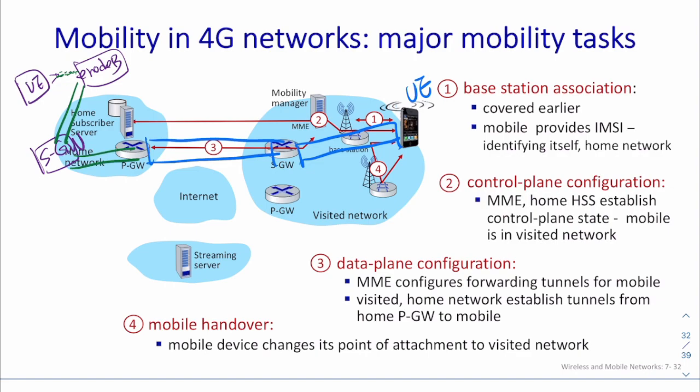And of course, you can still do handover at the visit network. The mobile device can change its point of attachment in the visit network. Of course, the corresponding MME and HSS also need to send a lot of packets to notify each other that you changed your tower.